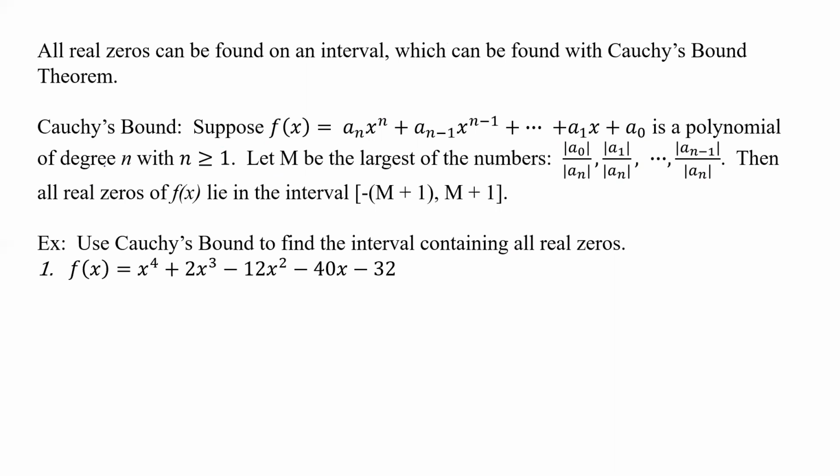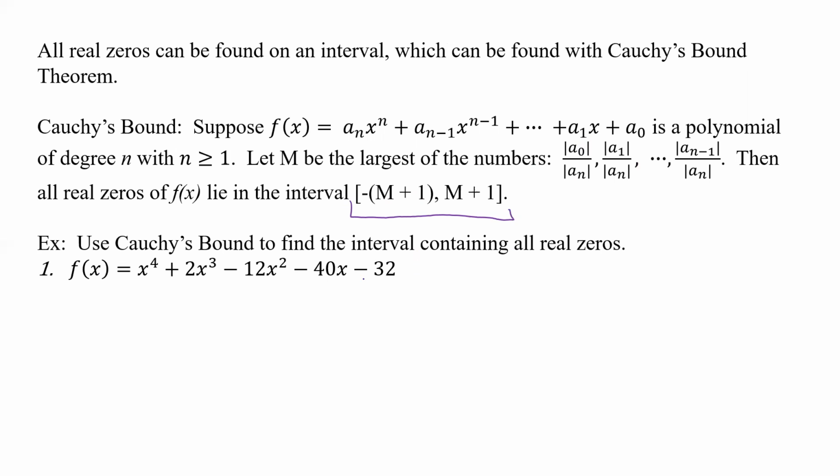Then all real zeros of f of x, or of our original polynomial, lie in the interval between negative m plus 1 comma m plus 1. So what does that mean? First, we have to think about what these terms mean. a0 is going to be the number term.